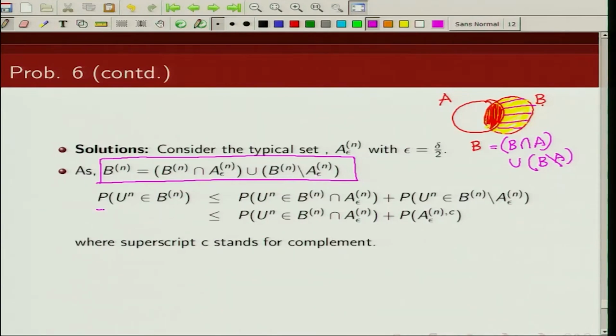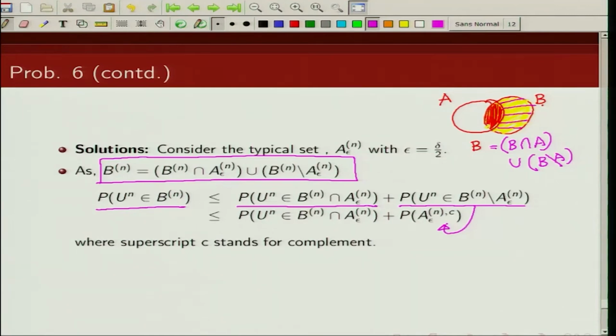So the probability that Un belongs to Bn can then be written as the probability that Un belongs to the intersection of Bn and the typical set, plus the probability that Un belongs to Bn minus the typical set. So this is nothing but the complement of the typical set.